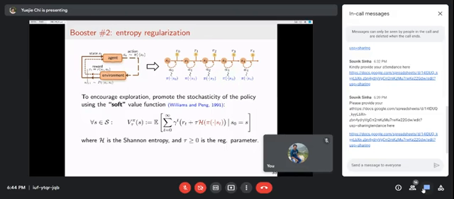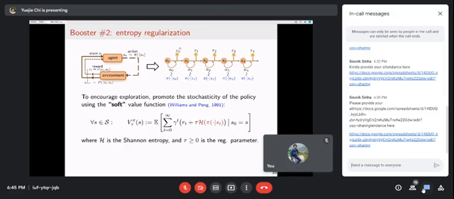Another booster is the so-called entropy regularization, specifically to enhance the exploration of the policy in use. We want to promote the stochasticity of the policy in order to avoid it prematurely settling on some suboptimal policy. To do so, one way to think about this is that we are going to adjust the reward function at each step.